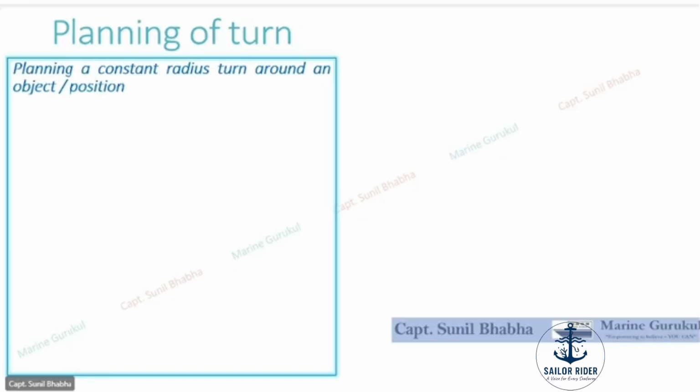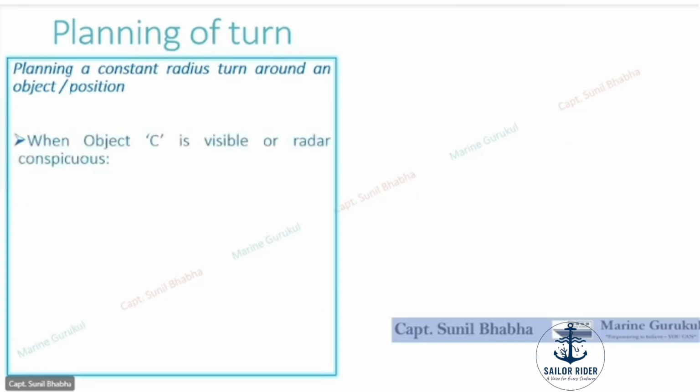Depending upon where the ship is, we may be in restricted waters and we may be planning a turn around an object. We may have a lighthouse, a land's end, or an island around which the vessel is turning. Or there could be another scenario, another situation where the vessel is turning in open sea. So we will see the planning of turn in different scenarios one by one.